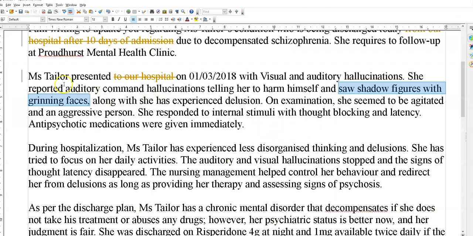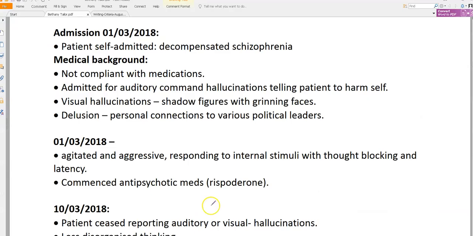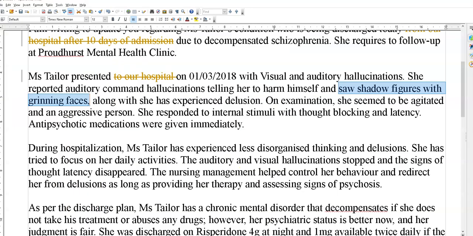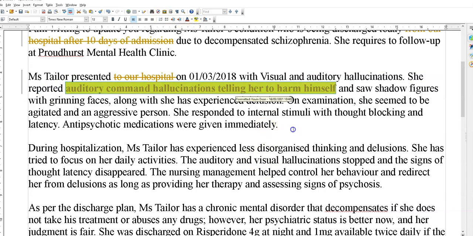So, auditory command hallucinations telling her to harm herself. In the notes: auditory command hallucinations telling patient to harm self. Okay, same as in the notes. I thought it was, so I recognized it. When I saw this letter, I thought, I recognize that.